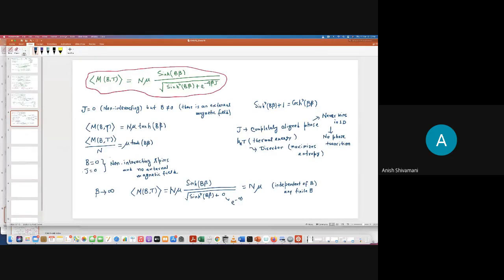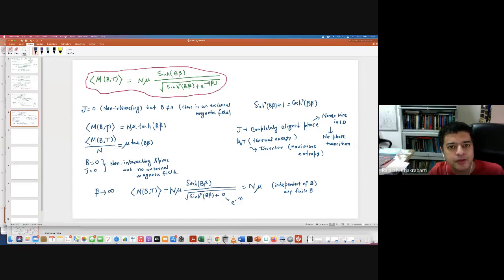So when B is zero, look at this expression: it is sinh 0, which is equal to 0. For finite temperature, the magnetization is 0. Is this clear? Zero when J is 0. I am saying J is 0. Is this clear?